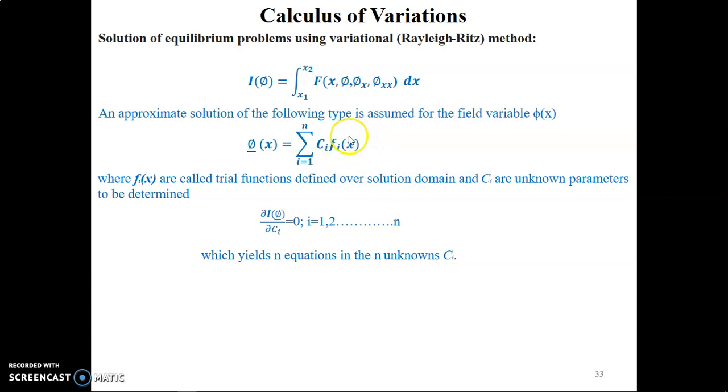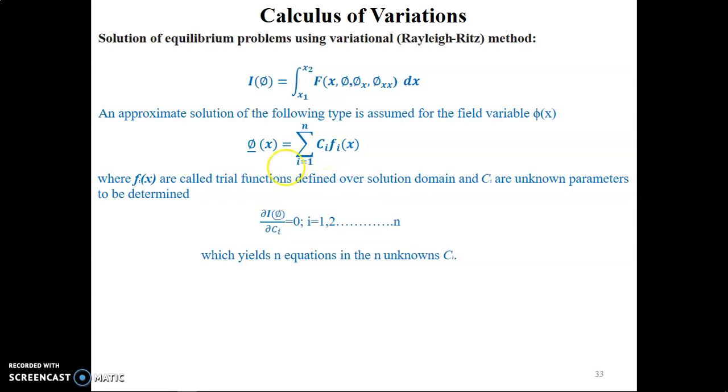So here we need to find these values of ci and fi, which will provide the approximate solution of the engineering problems. And in the Rayleigh-Ritz method, the fi are the trial functions, so we already know these functions. The only thing that we do not know is the ci, the unknown parameters.